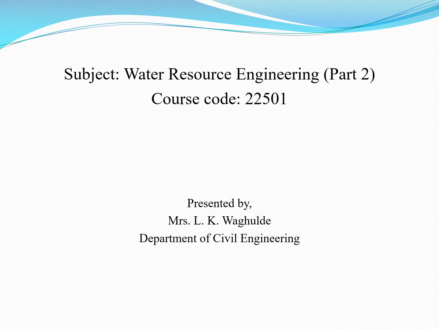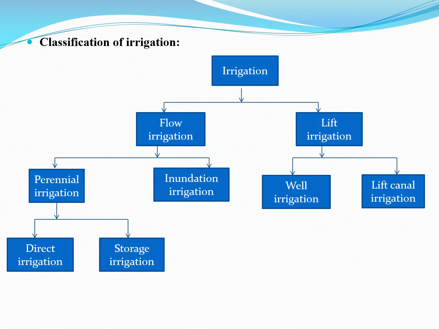So now first starts from the classification of irrigation system. This is the flow chart of irrigation system. There are two types of irrigation system here. First one is flow irrigation and second one is lift irrigation.